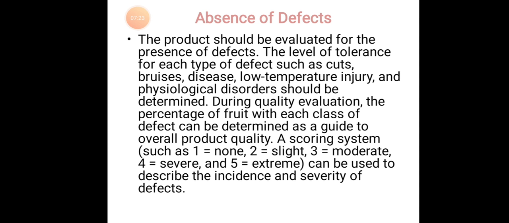The percentage of fruit with each class of defect can be determined as a guide to overall product quality. A scoring system such as 1 equals none, 2 equals slight, 3 equals moderate, 4 equals severe, 5 equals extreme can be used to describe the incidence and severity of defects.